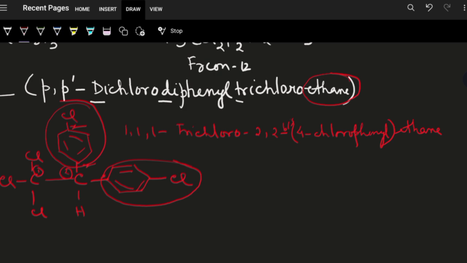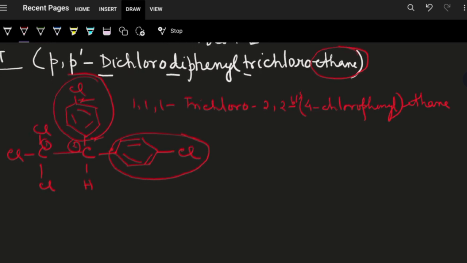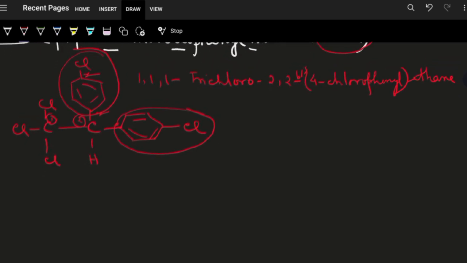Okay. Now next, DDT has detrimental effect to the environment. It's a threat to the environment. We have been seeing the use of DDT as an insecticide. It has been widely used as an insecticide, true.